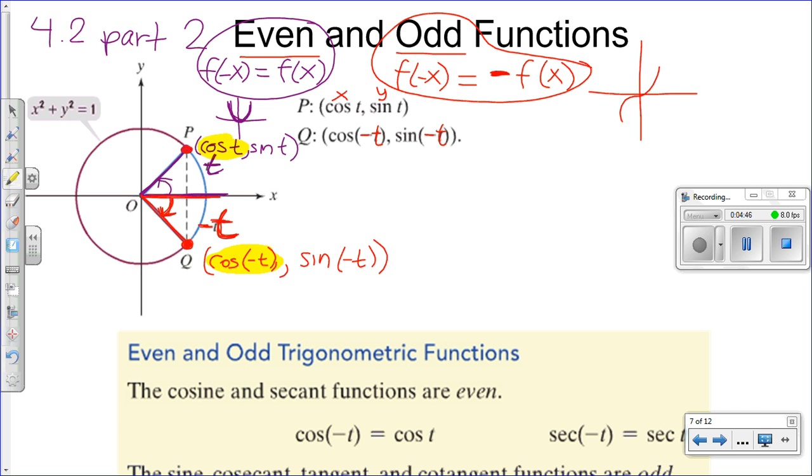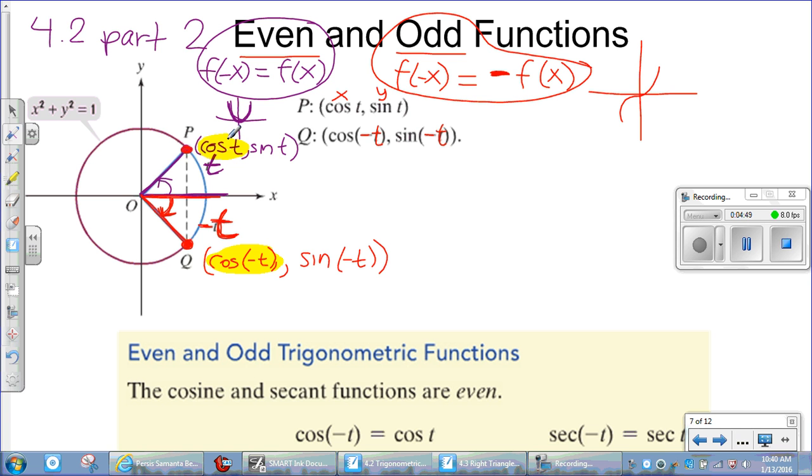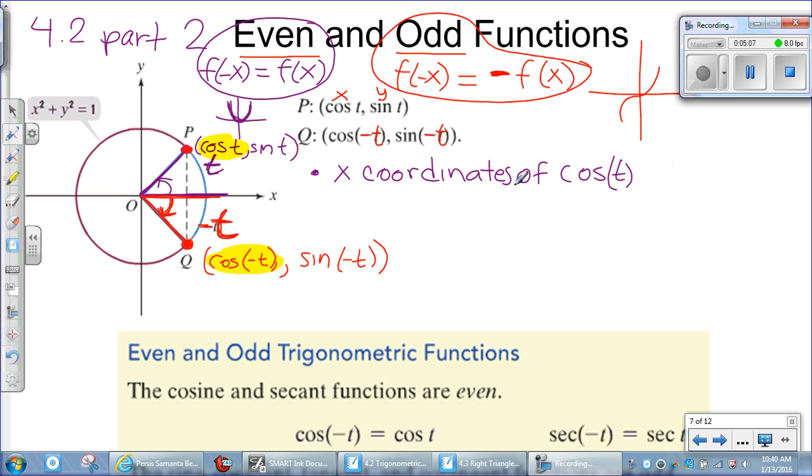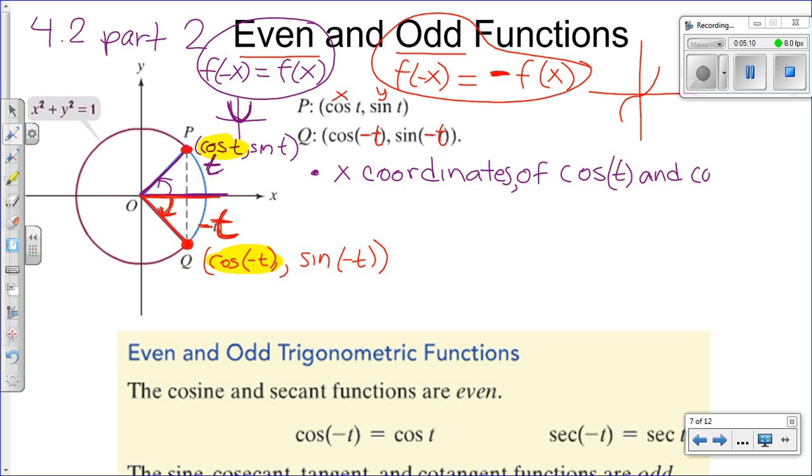So what we can infer from here is that for cosine, since the x-coordinates of cosine of angle t and cosine of negative t are equal, then we're going to say that the cosine of t is equal to the cosine of negative t.